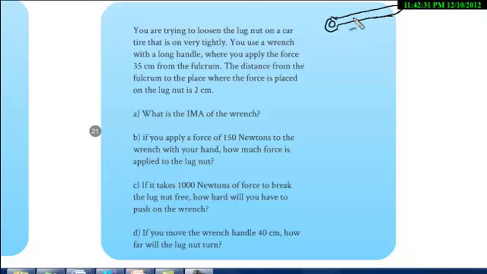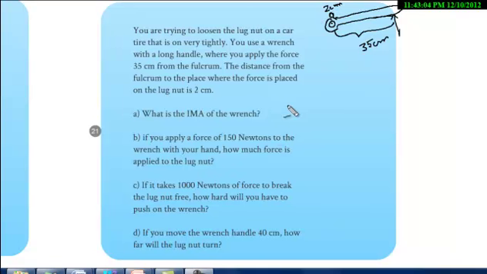And it tells us that our input force, where we apply the force, so if we apply the force right here, then it's telling us our input distance is 35 centimeters. And it's saying that our output distance, which is from the fulcrum right here in the center, just to where it applies the force to the edge of my lug nut, that's just 2 centimeters.